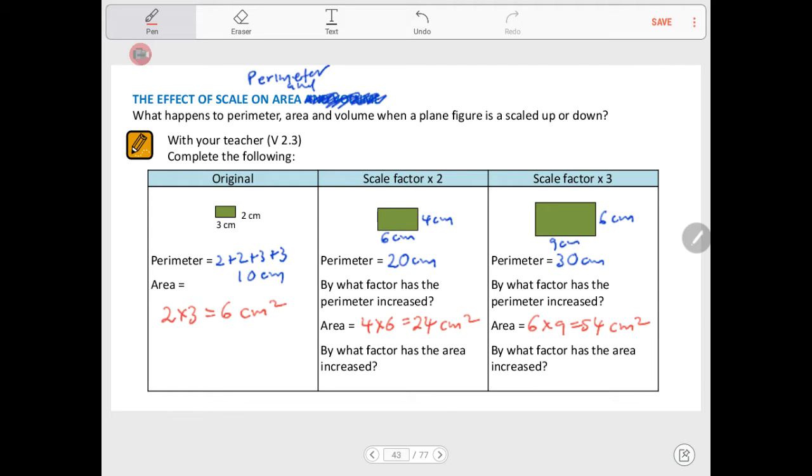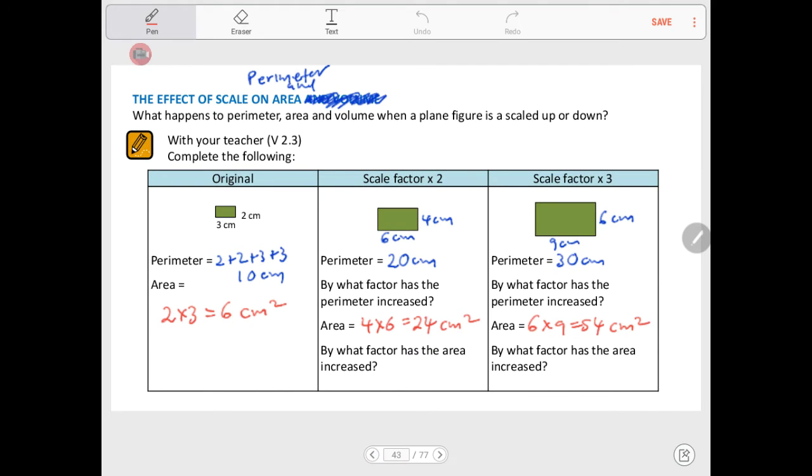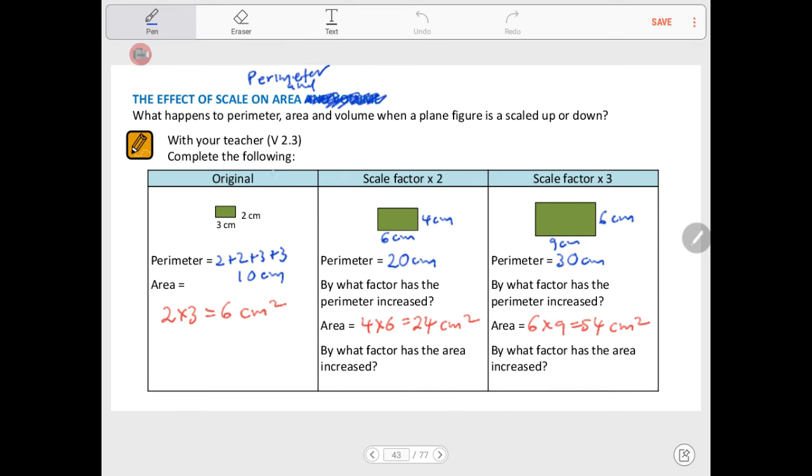Okay, so the question is, what can you say about the effect that a scale factor increase has on the perimeter and area of a figure? So let's do some dividing here to work out these scale factors. The original is really, I suppose, just a scale factor of 1, because if you multiply by 1, it stays the same.